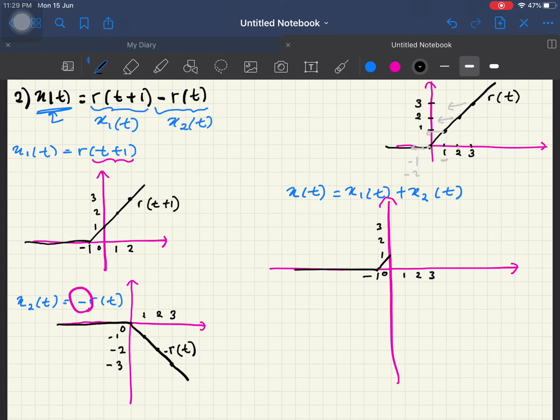So you have a +1 slope plus a -1 slope, and you will end up with 0 slope. So the resultant signal will have 0 slope, a straight line like that. This is the sketch for the signal x of t, the resultant signal that you get by adding these two ramp signals.